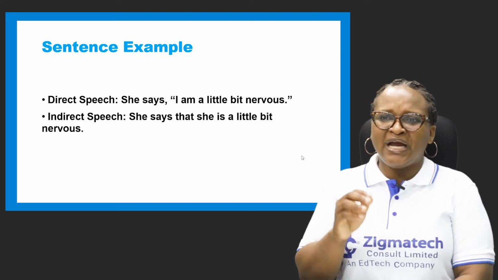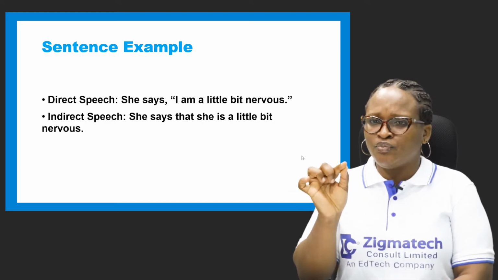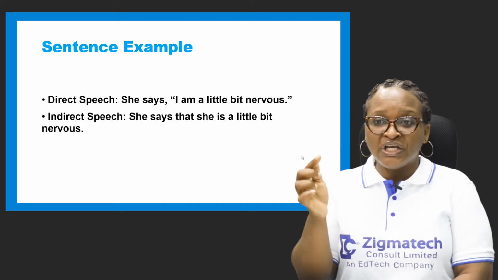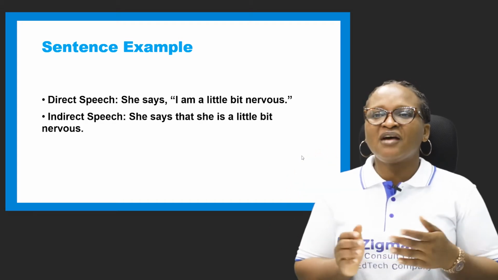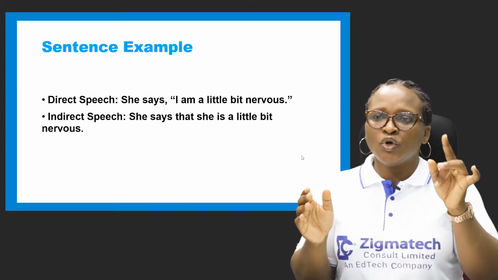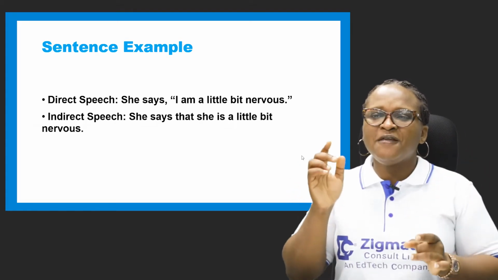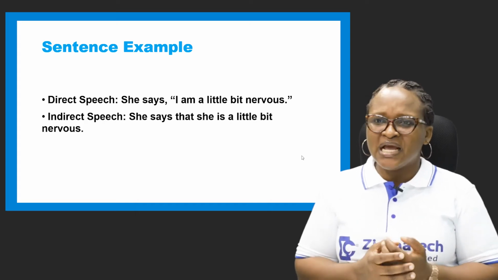So have it at the back of your mind that even in your writings, whenever you point out she says, or he says, or they say, there should be a comma. Then immediately after the comma is your quotation mark. That's the open quotation. Once you have your open quotation, the first letter must start with a capital letter.